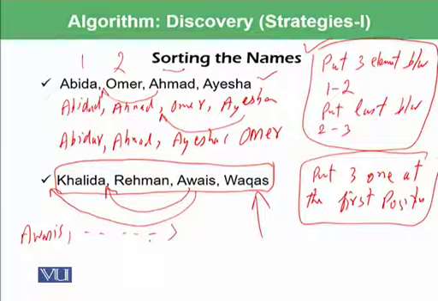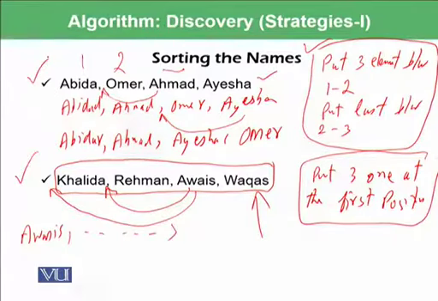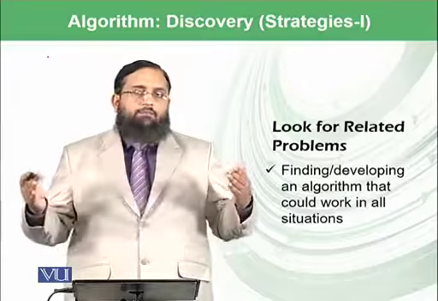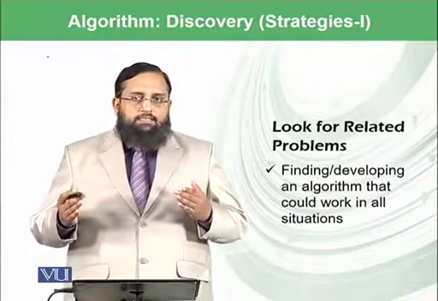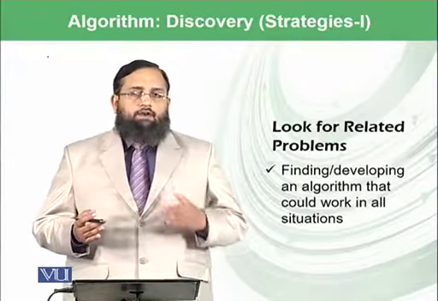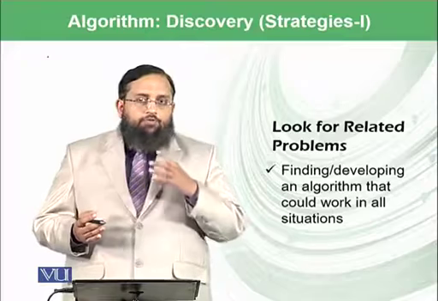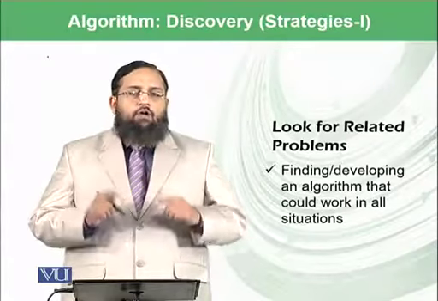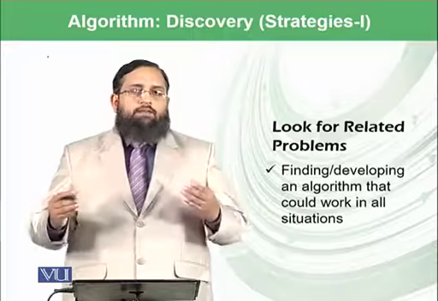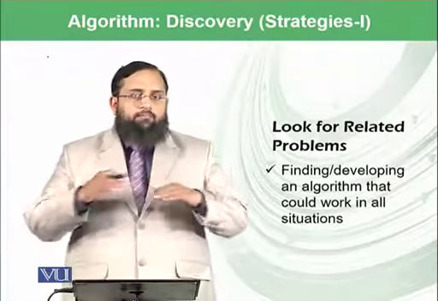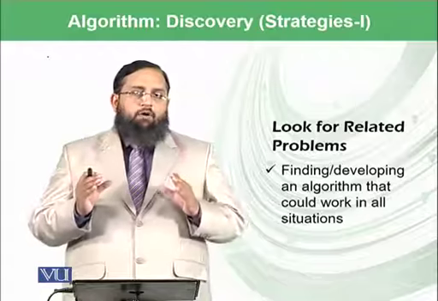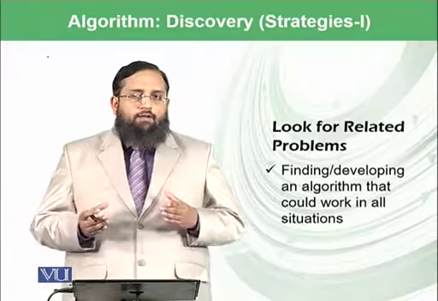So that algorithm can be applied over here and here, or on any other data or any other instance you find. So this means that we do not try to find the algorithm that is going to solve one particular instance. In fact, we try to find the related algorithm which can be applied on all instances of a similar problem. For example, we covered sorting.